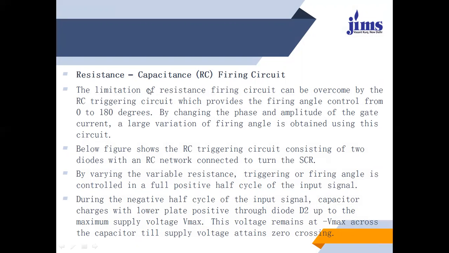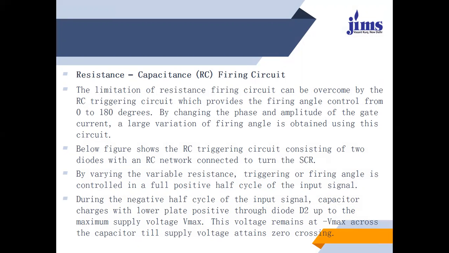The limitations of the resistance firing circuit can be overcome by the RC firing circuit, which provides firing angle control from 0 degree to 180 degrees. By changing the phase and amplitude of the gate current, a large variation of firing angle is obtained using this circuit. The circuit consists of two diodes with an RC network connected to turn on the SCR.